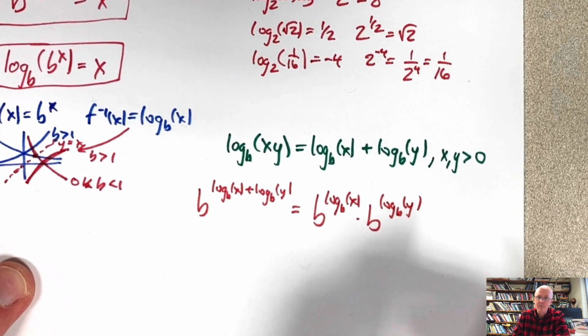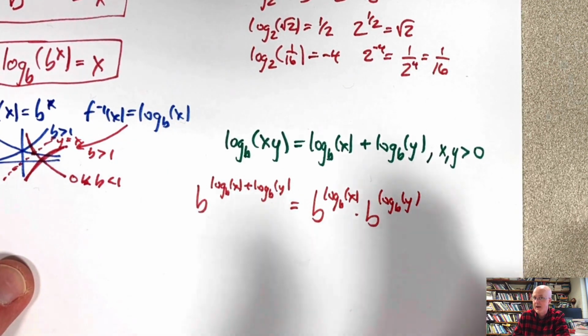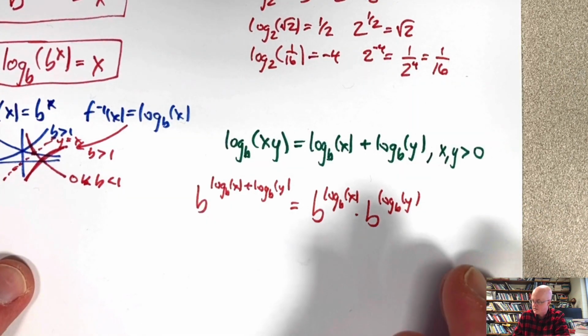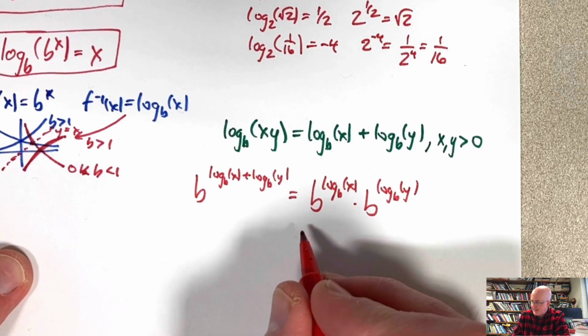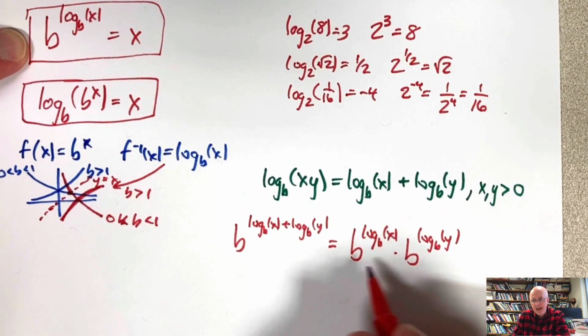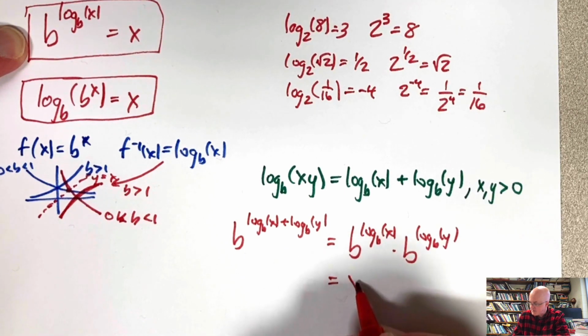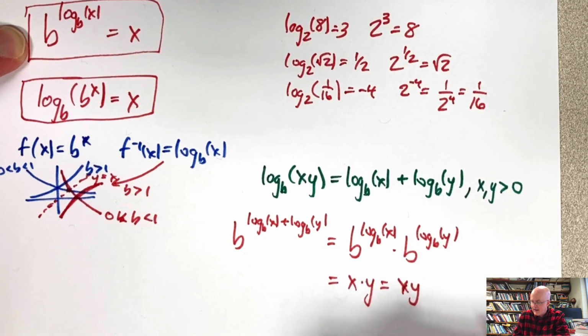It's a property of exponents. It makes the most sense when these numbers happen to be positive integers. I'll let you think about that with examples. Maybe you even want to try a general proof. So that's a fundamental property. And then think about using this property, both here and here. That's x times y, or just xy if you prefer.